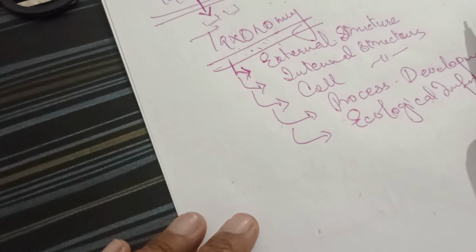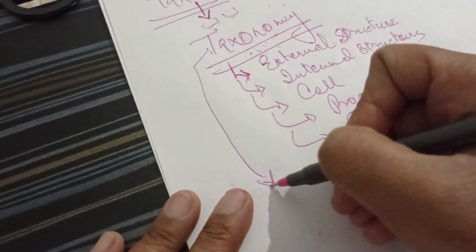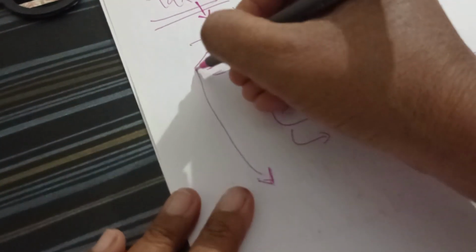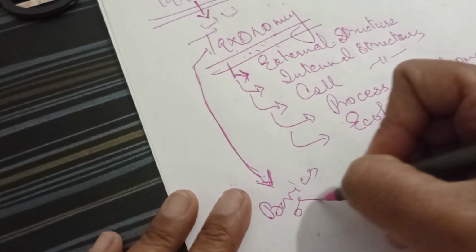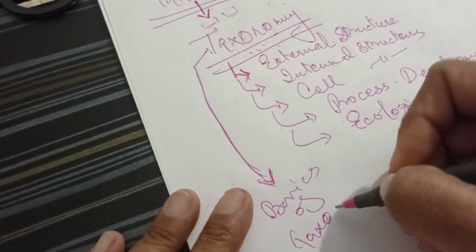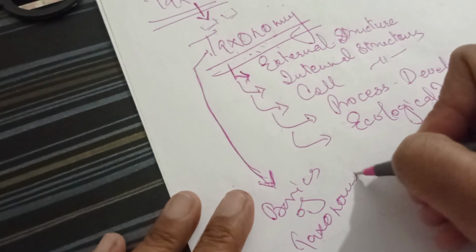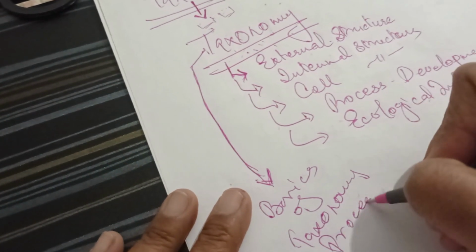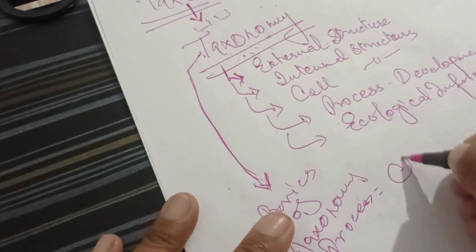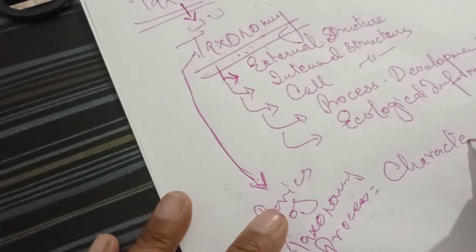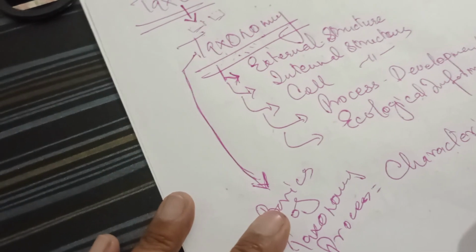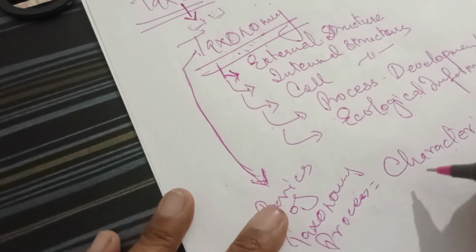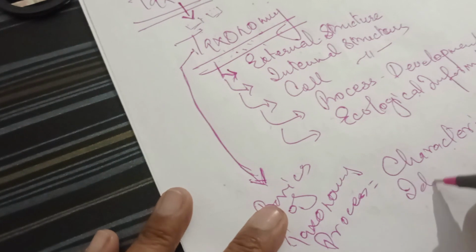Now, you understand taxonomy. So what is the process of taxonomy? What are the basics of the process of taxonomy? That means characterization. You have to identify or know about the characters of the organisms. Then there is identification.